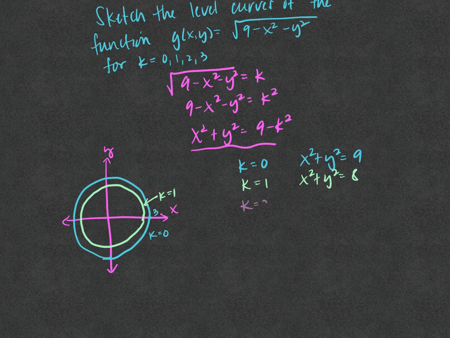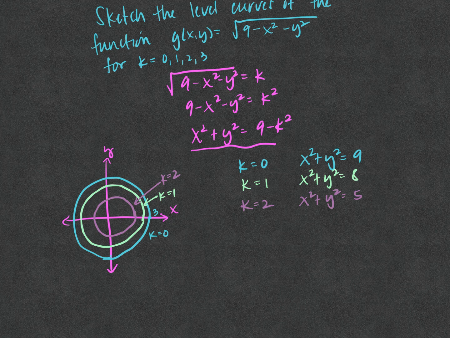Now when k equals 2, we have x squared plus y squared equals 5, and the square root of 5 is a little closer to 2. So it spreads in a little more. So here k equals 2.